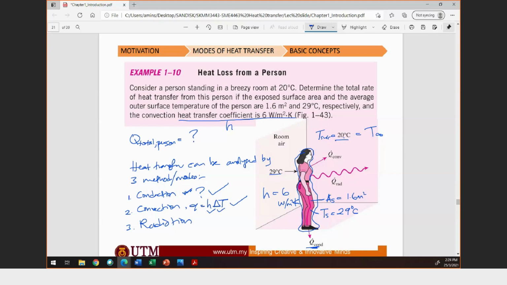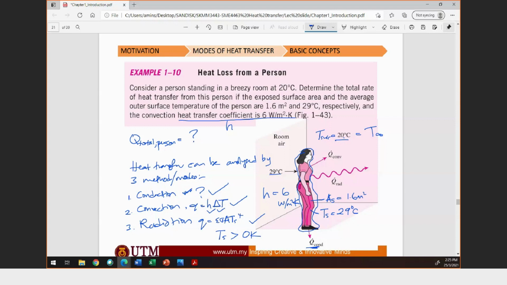Then the total radiation: Q equals emissivity times sigma times A times T to the power of 4. Like I said, as long as the Ts is greater than 0 Kelvin, there is also radiation.